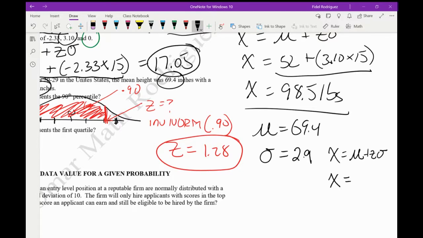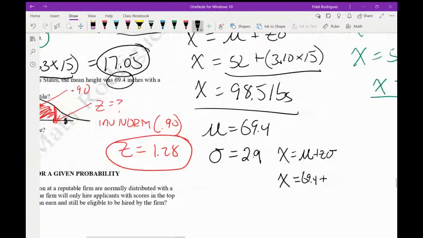So x is equal to 69.4 plus z, which in my case was 1.28, times sigma, which is 2.9. And I'm going to type this exactly as I see it on my calculator. So let me stop sharing this here, and let me come back to my calculator so we can see what I'm trying to show you.